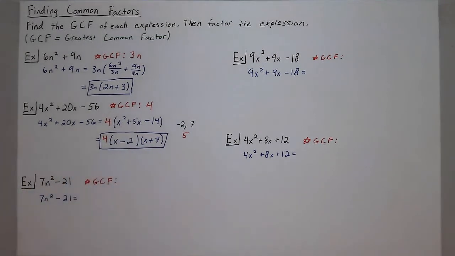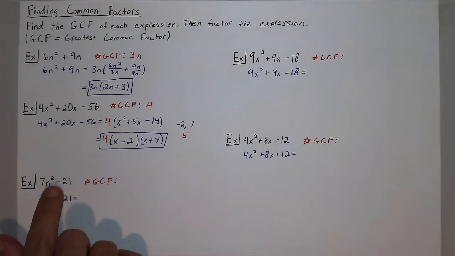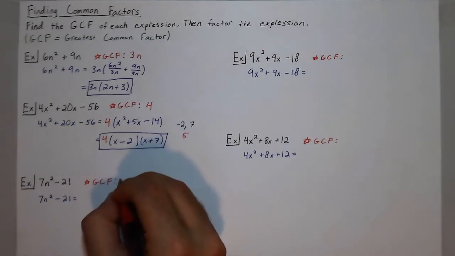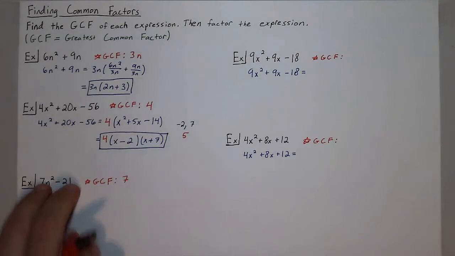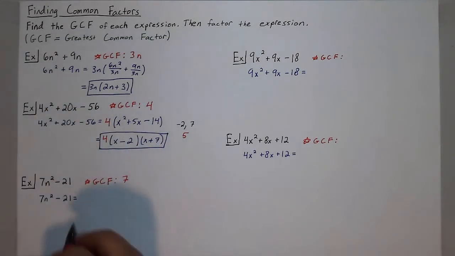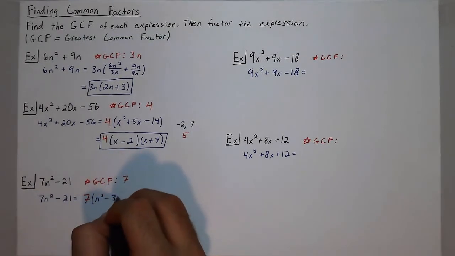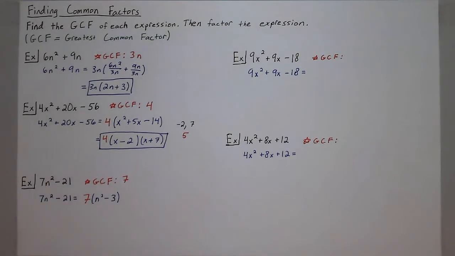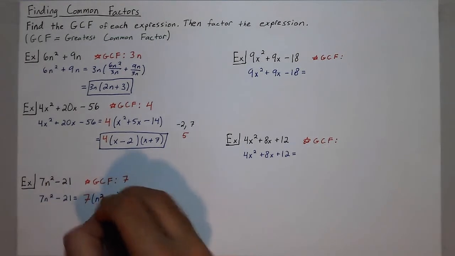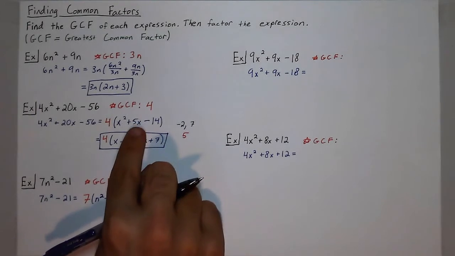So now the greatest common factor between 7n squared and negative 21 is 7. There's no n in common with all the terms like the first one, and that's okay. So when I factor out 7, I'll be left with n squared minus 3 when I divide by 7 for each of those terms. And now I'm left with n squared minus 3, which you don't see that middle term here.